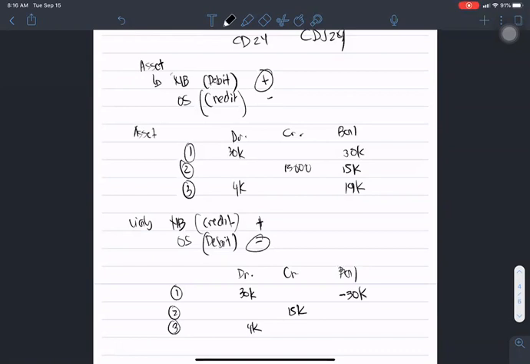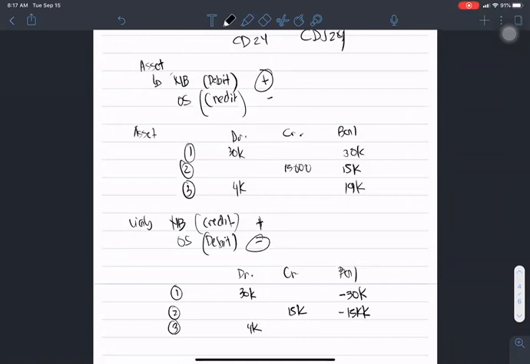Next, liability, we have here a credit. So 15,000, credit is plus. So negative 30,000 plus 15,000. So you will get negative 15,000. And then we have another debit, which is a debit of 4,000. So negative 4,000. And then we have negative 15,000.